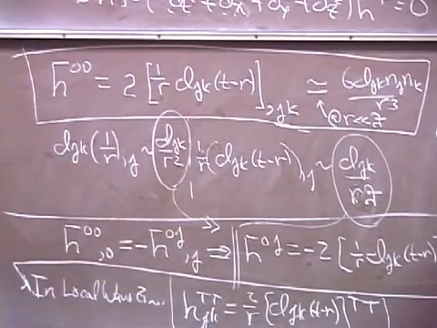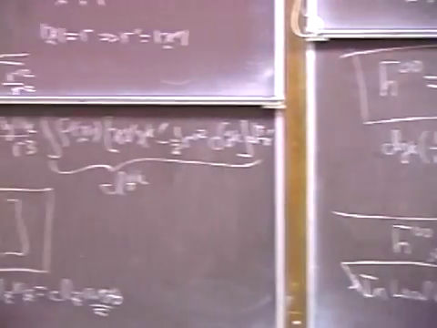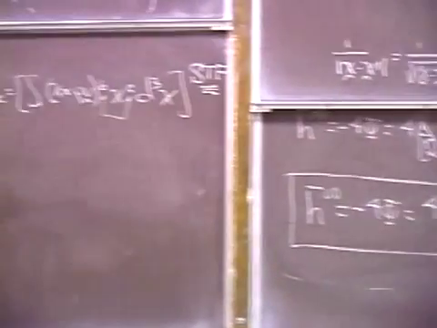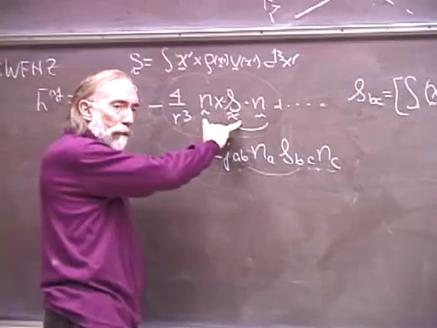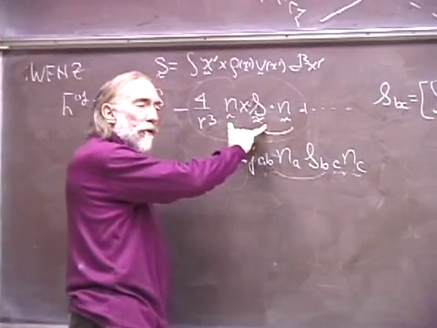Oh, you have to do one other thing. You have to verify that this has vanishing divergence, and you can verify that it has vanishing divergence.